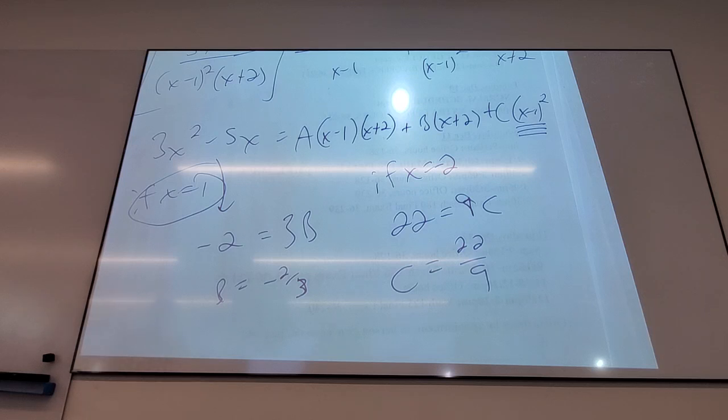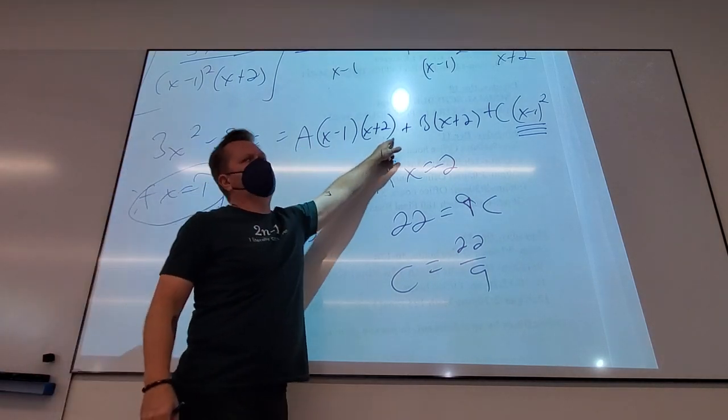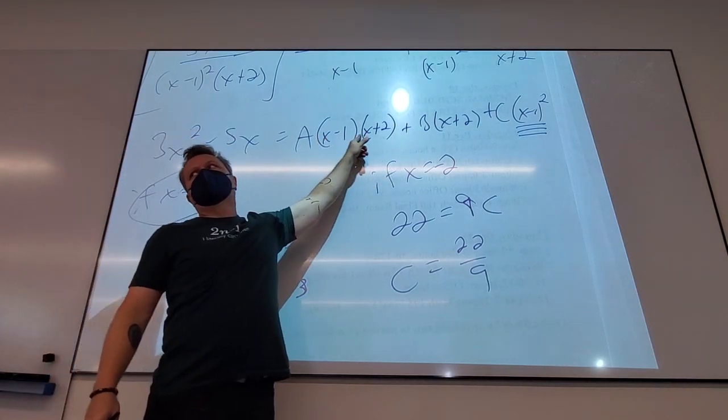Don't multiply everything out. If you multiply this out, what's the highest degree? 2, x squared.